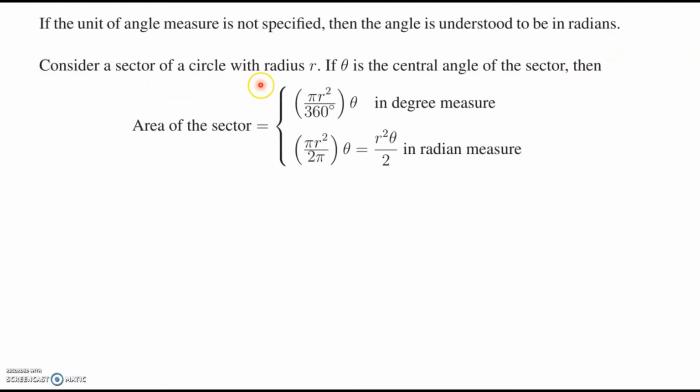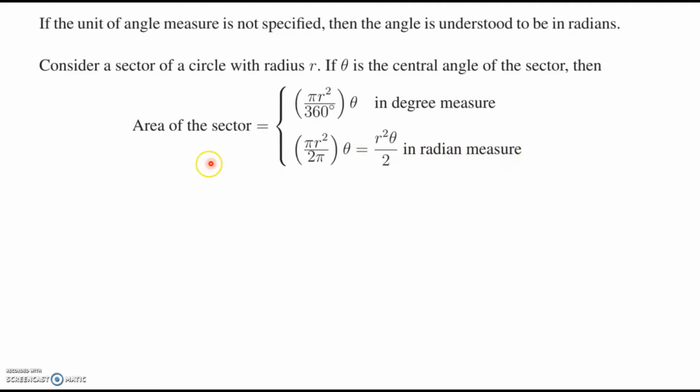Consider a sector of a circle with radius r. If theta is the central angle of the sector, then the area of the sector is given by the formula pi r squared by 360 into theta in degree measure, and pi r squared by 2 pi into theta, which is equal to r squared into theta by 2, in radian measure.